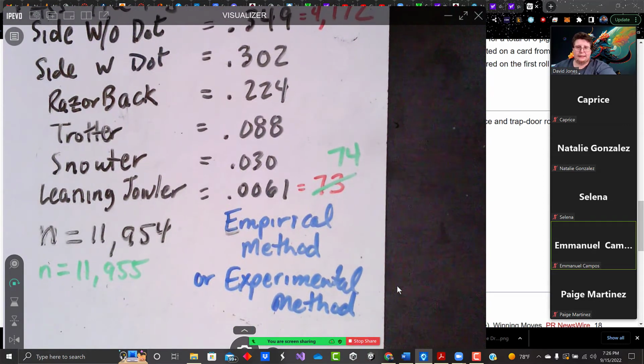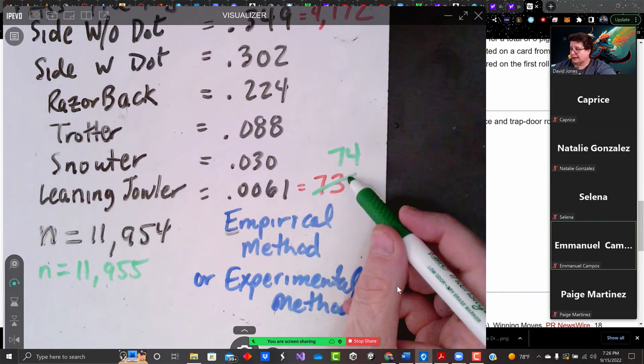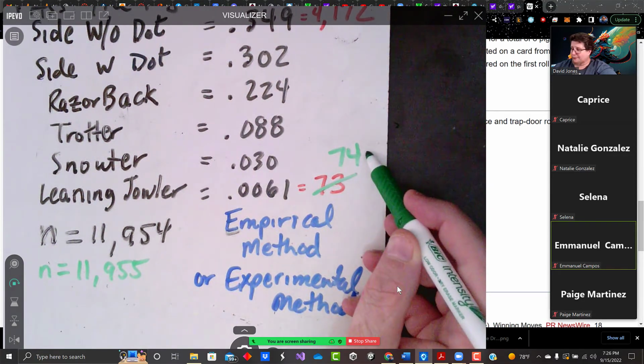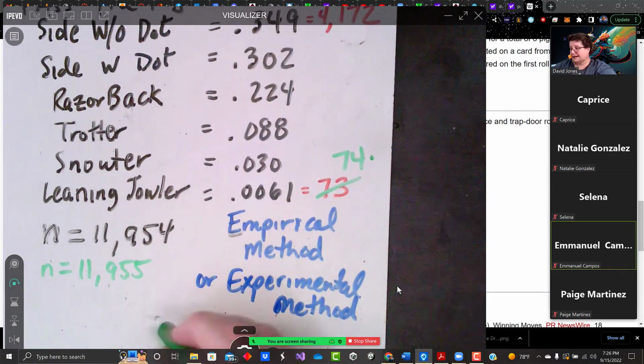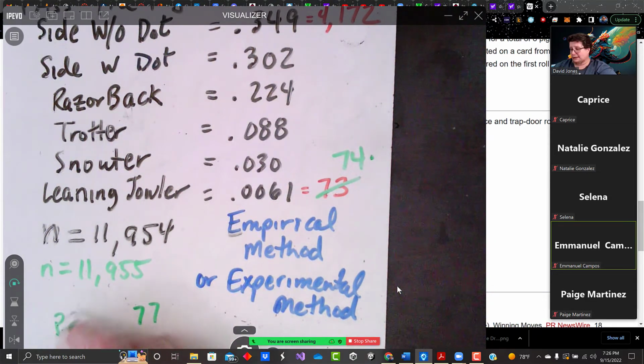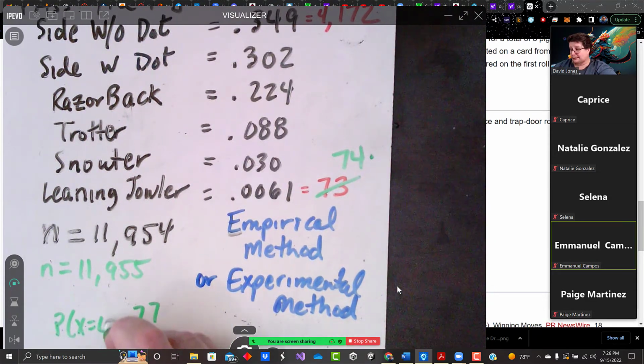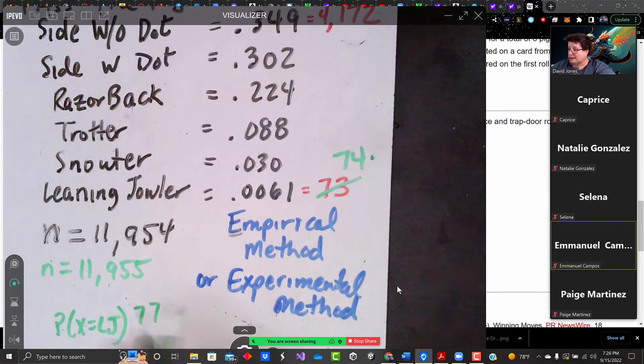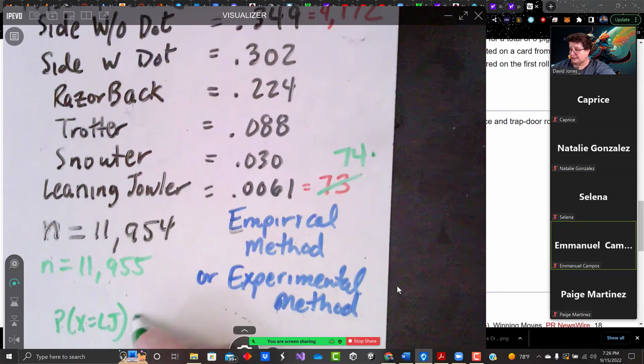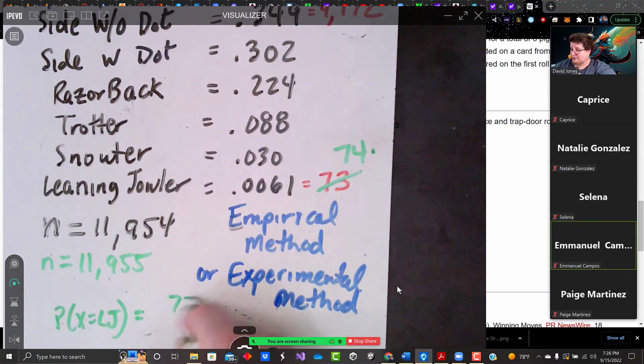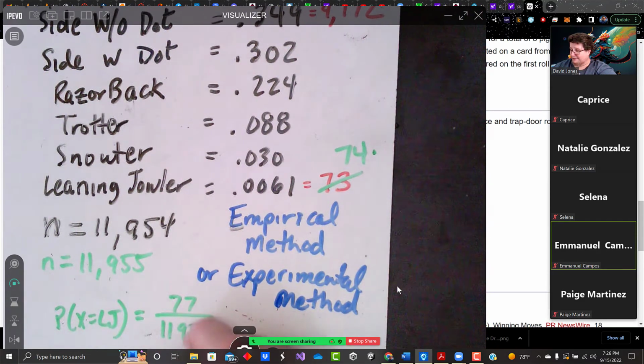We can calculate the leaning jowlers probability again by doing 74 over the 11,955. The probability that X equals a leaning jowler, I'll use LJ, is 74 over 11,955.